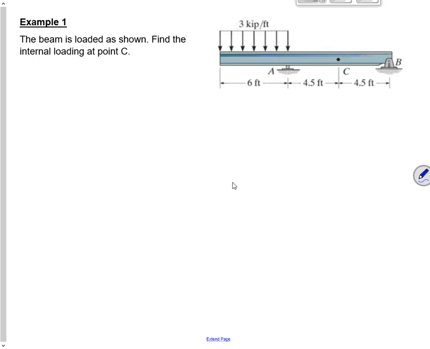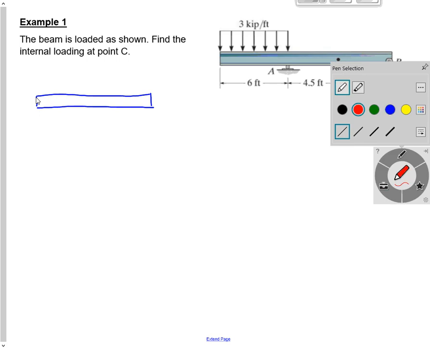So the first thing I need to do is figure out the support reactions at B. So we draw a free body diagram of the entire structure. Now that distributed load is equivalent to a force of how much? 18 kip.